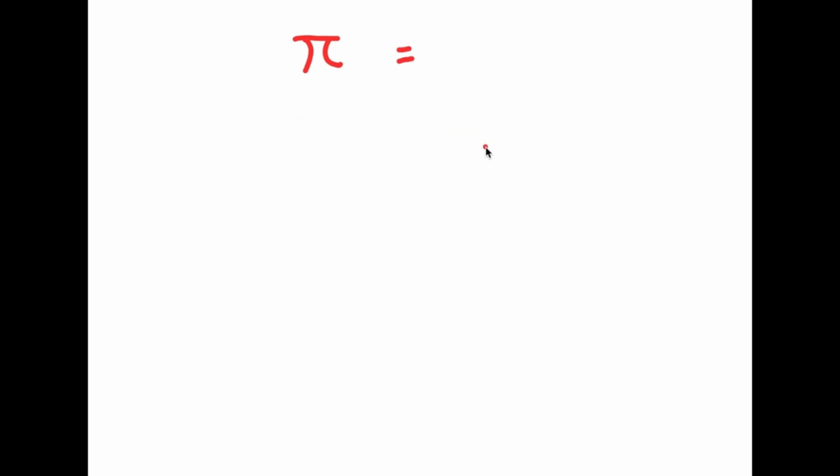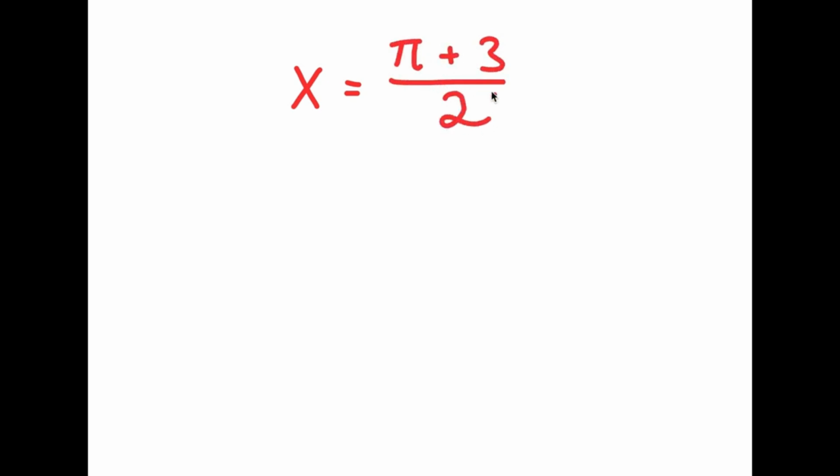So what I'm first going to do is start with the statement x is equal to pi plus 3 over 2. So all I'm doing is I'm giving a value to a variable, which is completely legal.